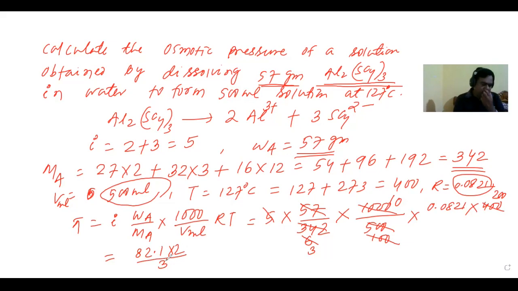Okay, 82.1 into 2 by 3 equal to 164.2 by 3 equal to 54.73 atm pressure. Answer.